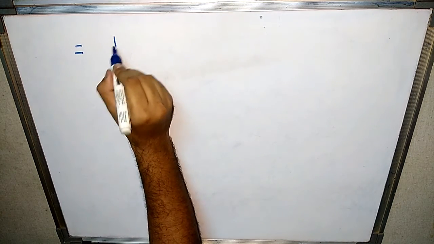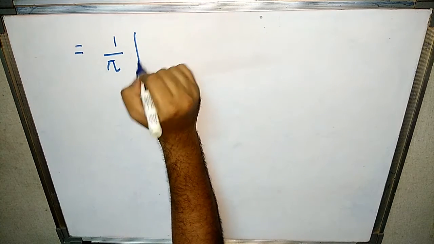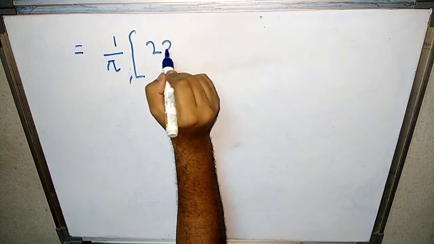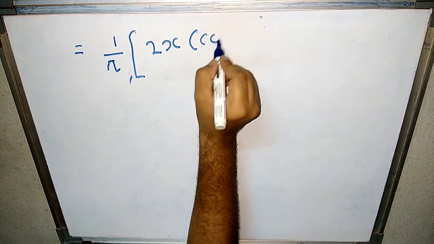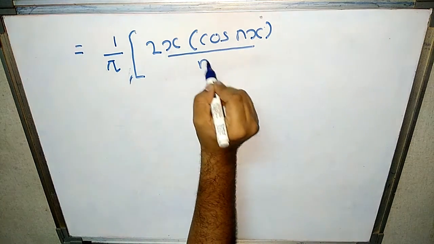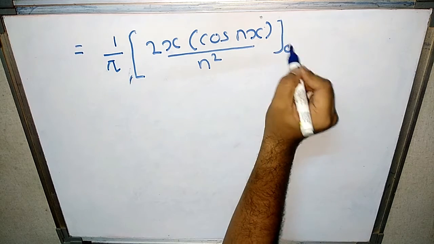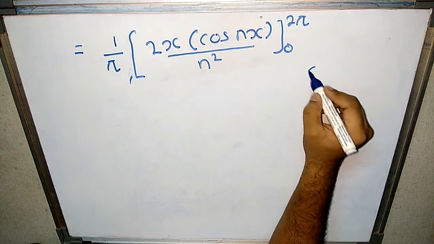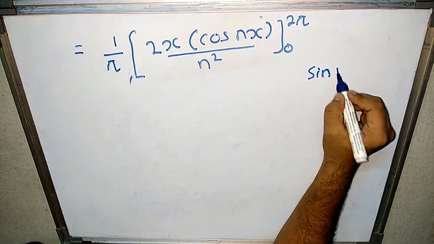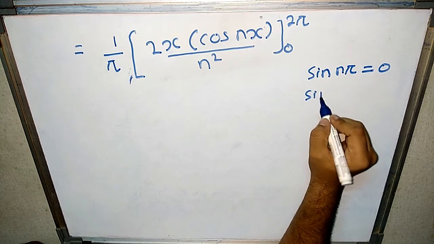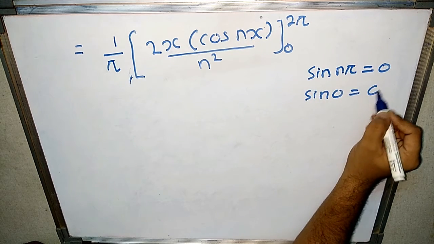On solving further we get, we eliminated the sine terms as sine of n pi is always 0 and sine 0 is also 0.